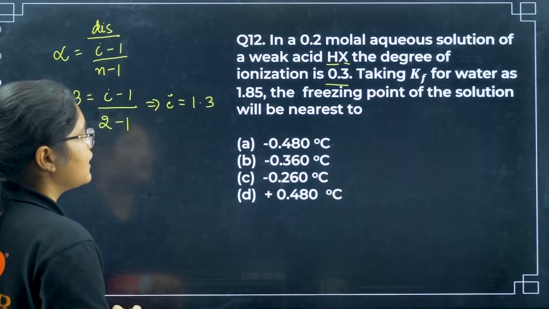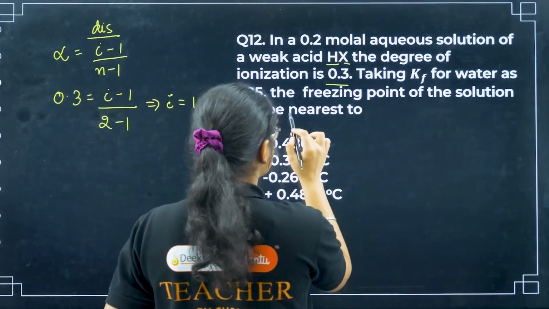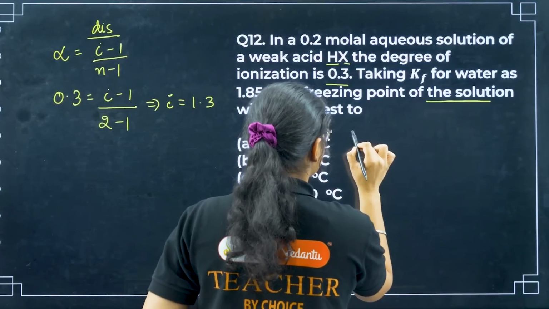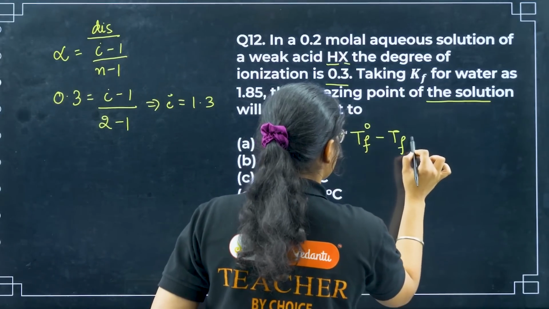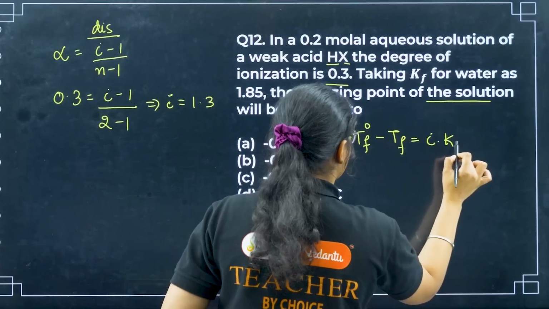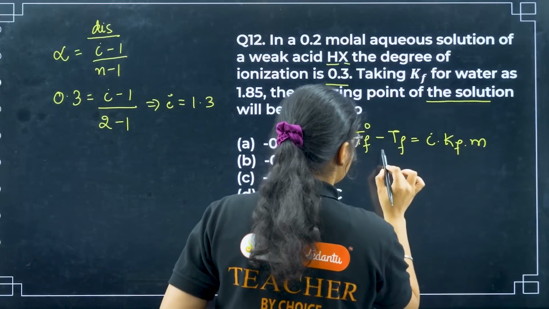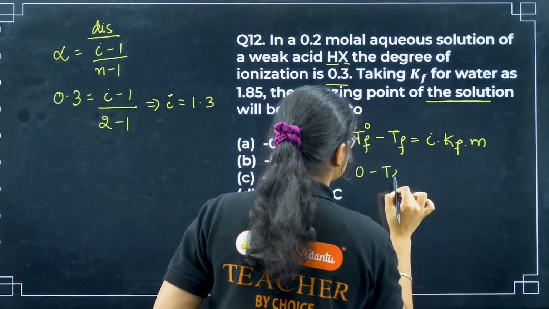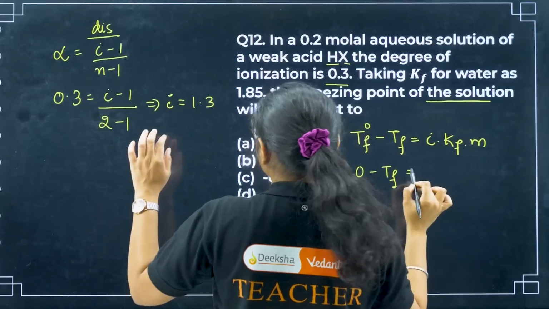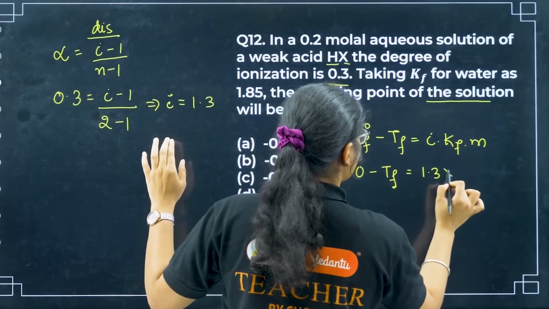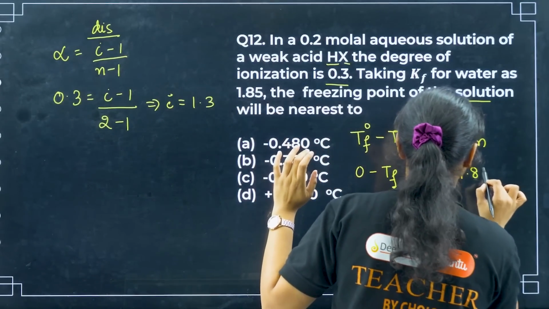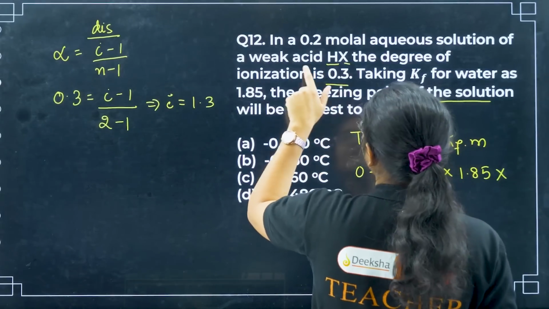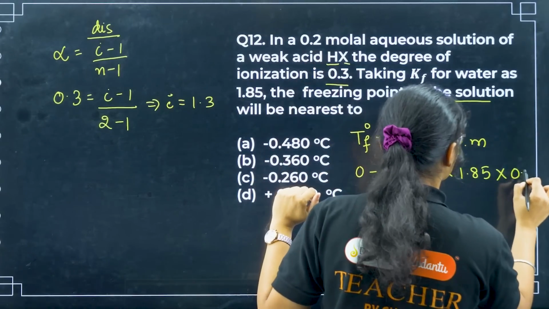Okay. So now you have to find the freezing point of the solution. If you remember, T naught f, that is 0, minus Tf is equal to i into Kf into m, right? So this is 0 minus Tf is equal to, i value is 1.3, Kf value is 1.85, and molality is given as 0.2.